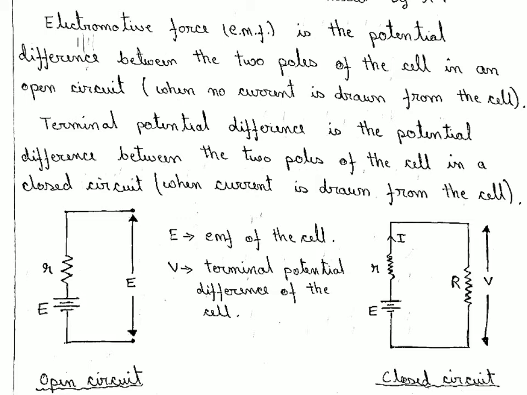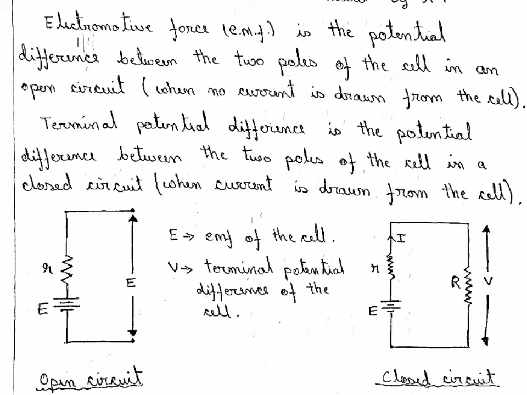Hence, there is a current flowing in this closed circuit, and the potential difference between the two poles of the cell in the closed circuit when current is drawn from the cell is known as the terminal potential difference.